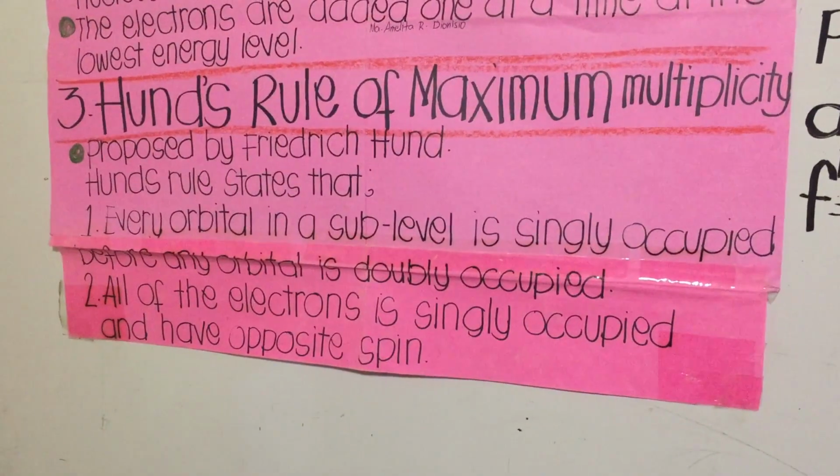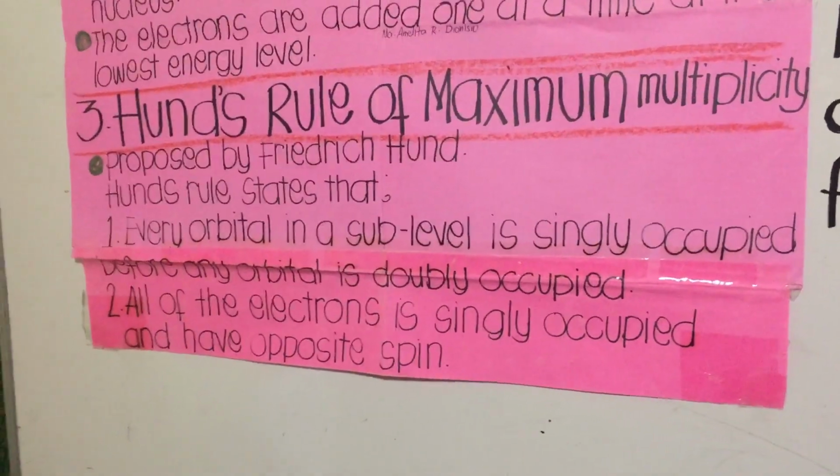The third rule is Hund's rule of maximum multiplicity, or Hund's rule.